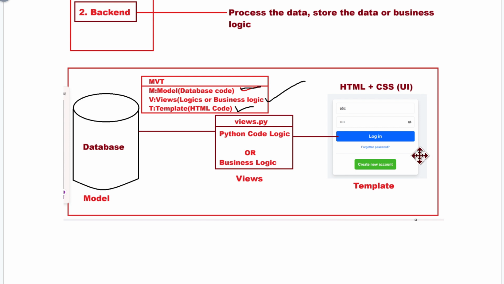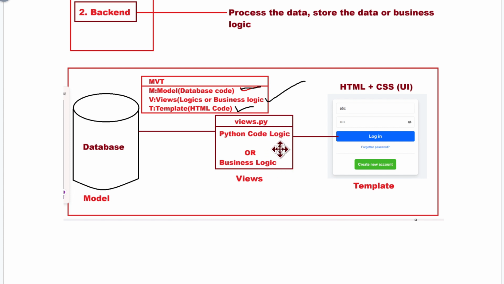For example, I have given this example. This is the Facebook login form. It is the example of a template. It represents the template in MVT. And there is a view: when the user writes their username and password and clicks on the login button, the backend will check the credentials.